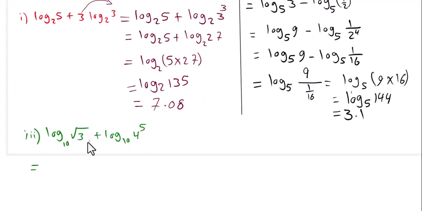Third one, I have the sum of two logs without coefficients. So here it's 100% the product rule, even without simplifying anything. So it will be log to base 10 and open a bracket. It will be root 3 multiplied by 4 to the power of 5. And we can use a calculator directly to find it out.